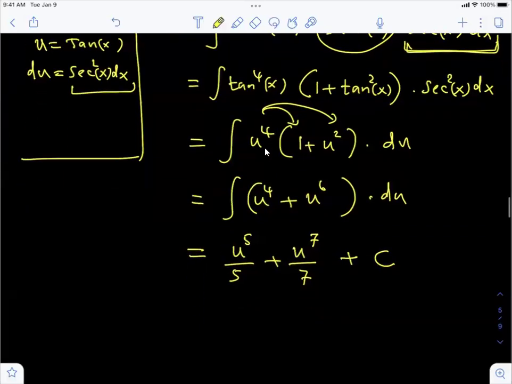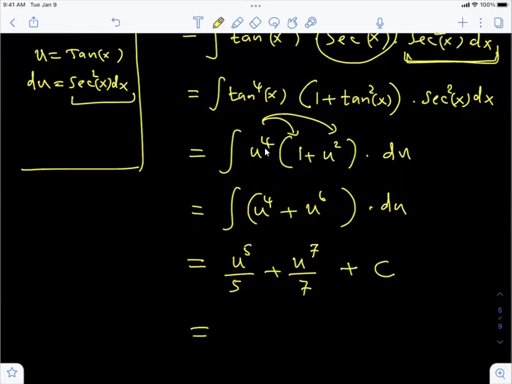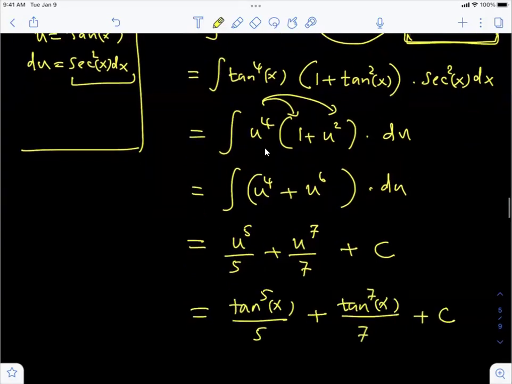Don't forget that plus c always, that should appear at the end. And then don't forget our u, the original variable, is none other than just tangent. So tangent to the 5, again tangent to the 7. All right, so that is our answer.